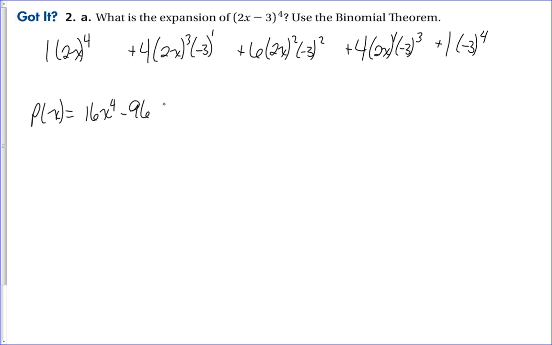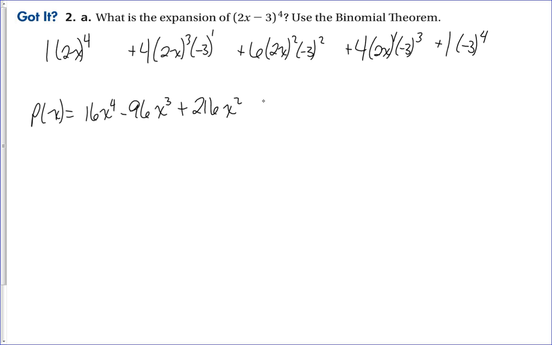And of course it's x cubed. And then plus, because negative 3 squared would give us a positive number, and the rest of these is positive. 2 squared is 4. 4 times 6 is 24. 24 times 3 squared, which is 9, comes out to 216. And of course it is x squared.